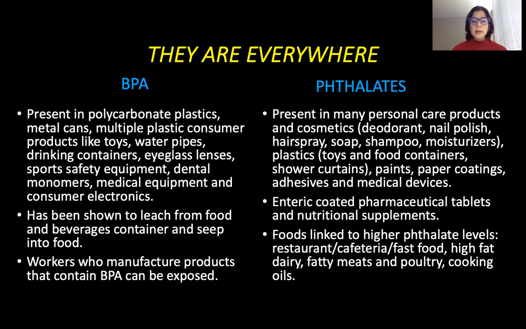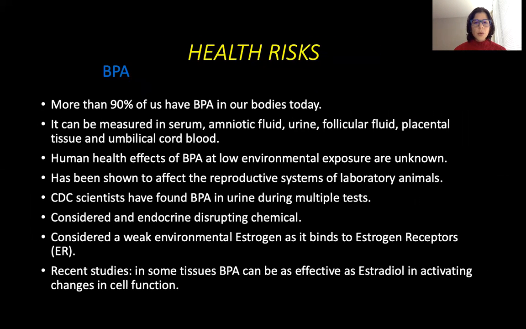Some foods are especially linked to higher levels of phthalates, like restaurant, cafeteria, and fast food, because of the container and the high-fat dairy, fatty meats, or cooking oils that interact with the phthalate in the container.